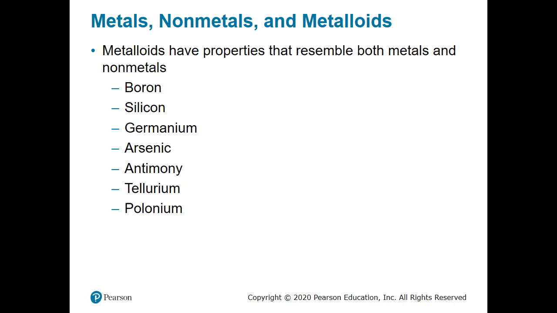Silicon also has a little bit of a shininess to it, which again, kind of puts it in that middle ground. But as far as its other properties are concerned, it's solid phase, but brittle. So it doesn't have the flexibility to be pounded into sheets or drawn into wires.